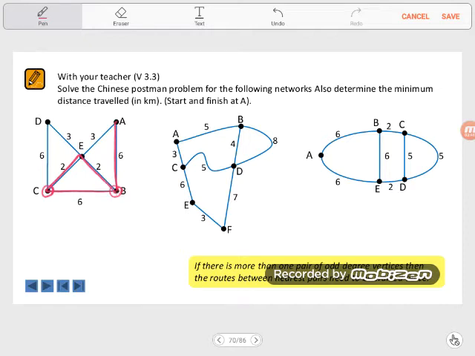Now, is it best to travel back along this side here, along the 6, or go 2 and 2? Well, the 2 and 2 only adds up to 4, so it's best to go along these two sides, so we double up through E rather than going directly along that one. Finally, I got it.